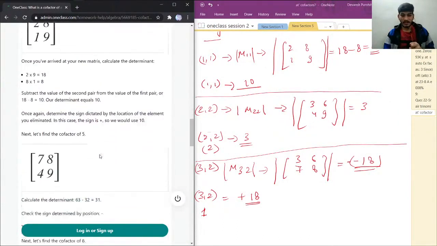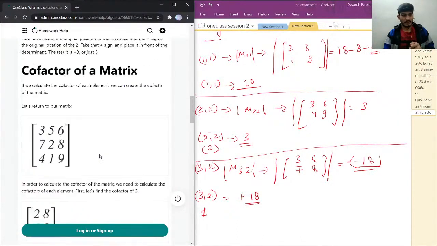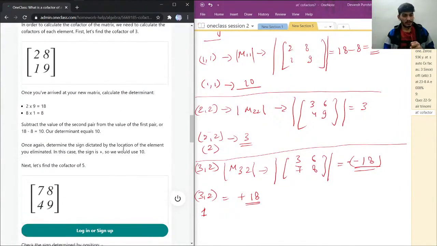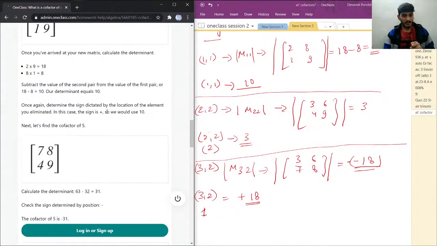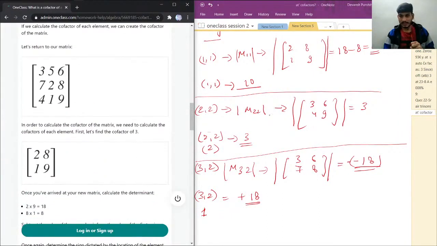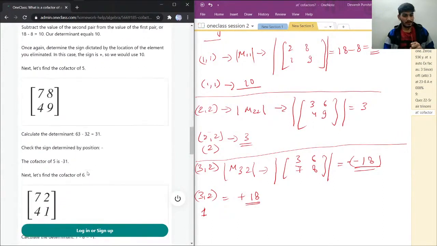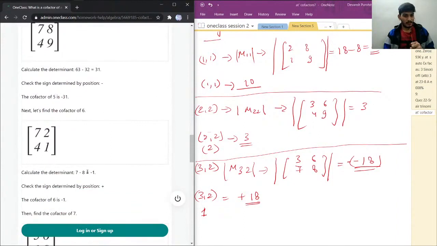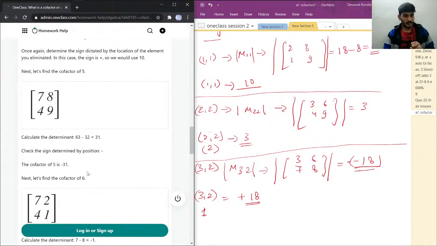So here again another example is given. The matrix is the same matrix and we had 10. So this was for 3. So again we also got 10 here, and again they have calculated the cofactor for 6.